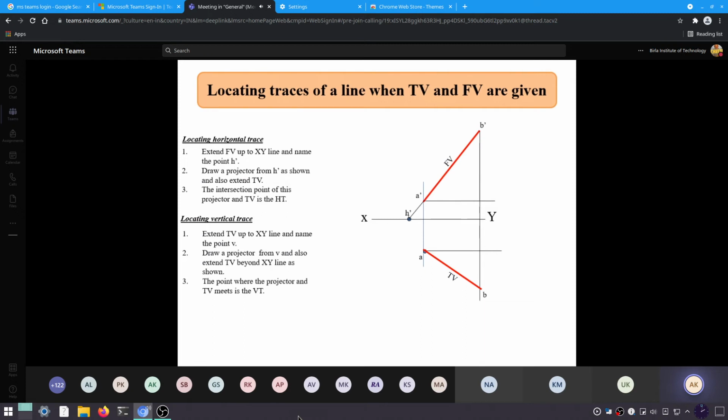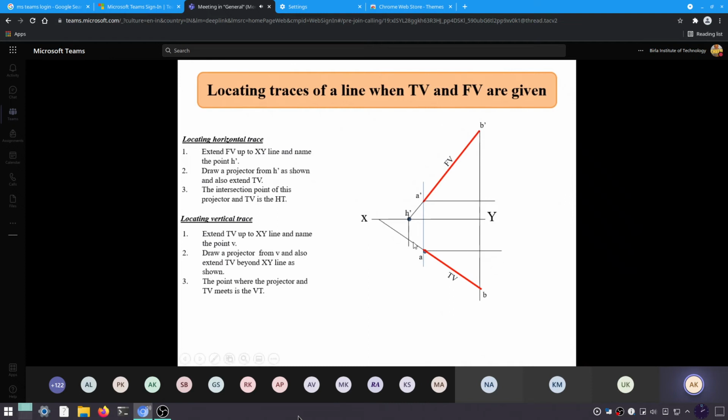You draw a line perpendicular to xy and extend this line.